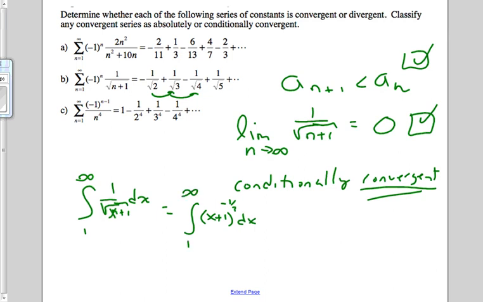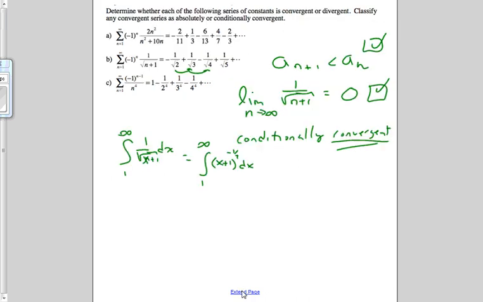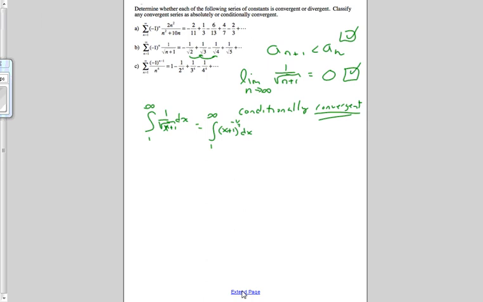And when we write it like that, it's clearly just the reverse power rule that we're talking about. So we integrate this and we get 2 times x plus 1 to the 1/2. And to write this better, from 1 to some value a, where we're letting the limit as a approaches infinity.